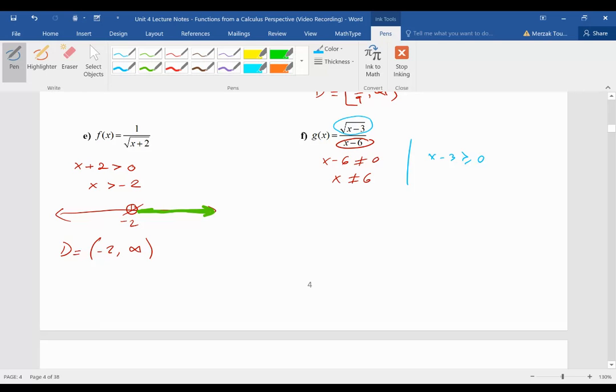So we solve the inequality. We add the 3 to both sides, and we're done. Now, why are we including 0 here? Because now the radical is in the numerator. It's not in the denominator. So we've got two things to worry about. Use a number line.